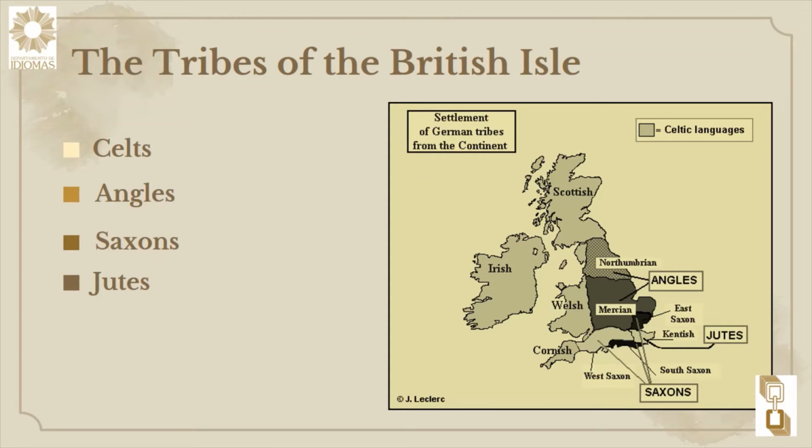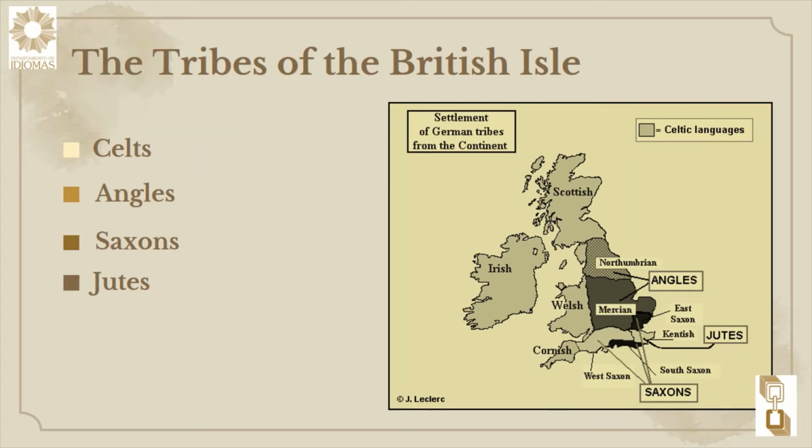So here we can see the settlements of these Germanic tribes in contrast with the Celt tribes. As we can see, the Celts were the main tribe here in the British Isles.